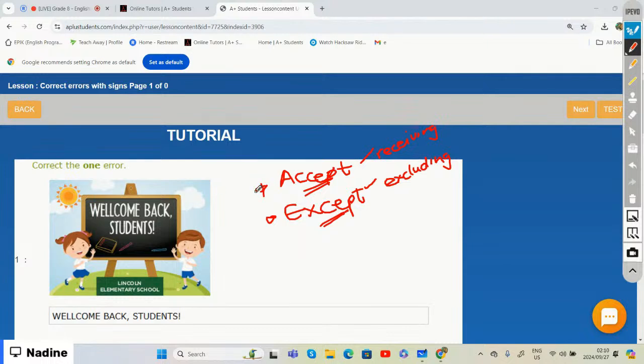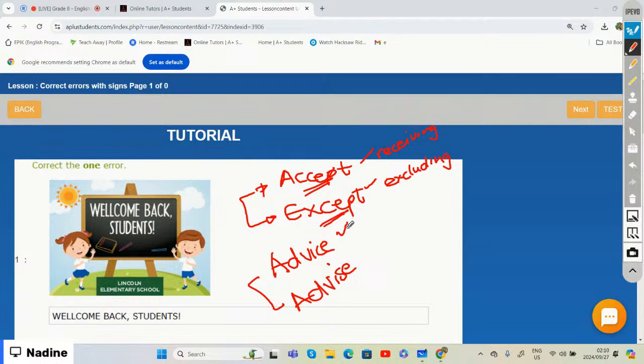If we look at another example, think of advice and advise with an S. Listen to even how I say it. The first one is advice, and the second one is advise.